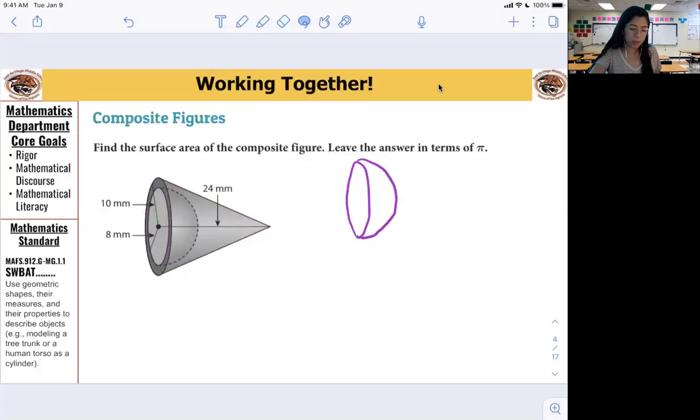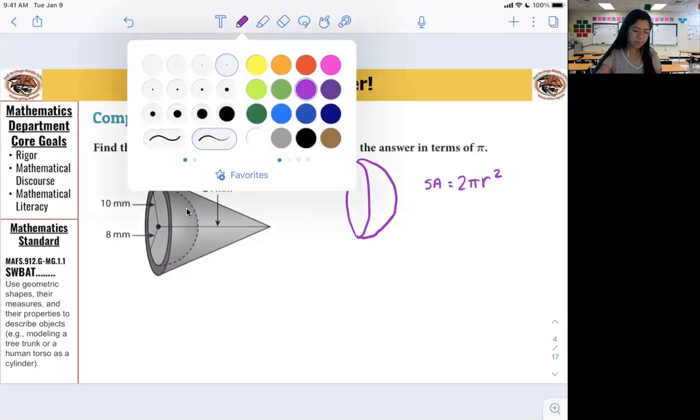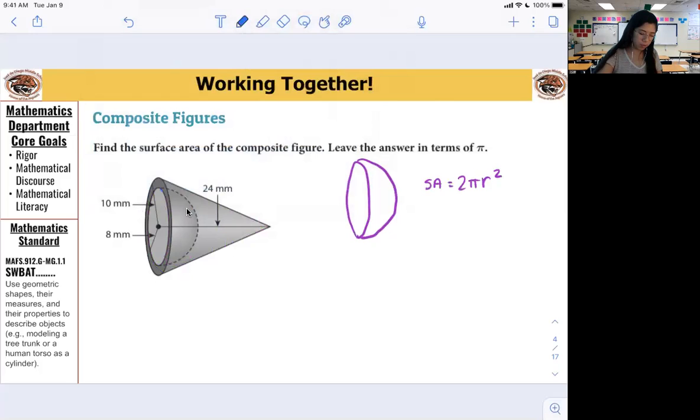So what is the formula we're going to use for my hemisphere? What's the formula for hemisphere? Just 2 pi r? Good, squared. 2 pi r squared. Then I also have a cone, but the cone, what does it have?